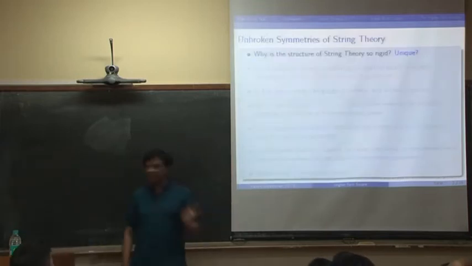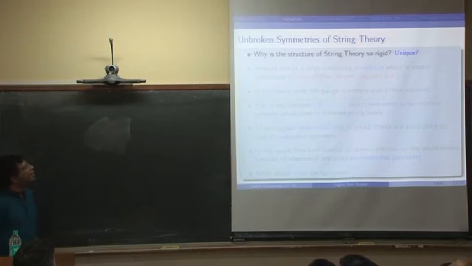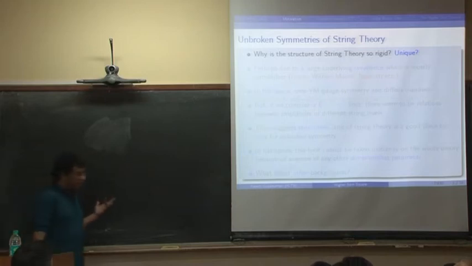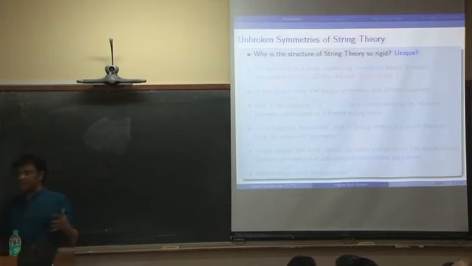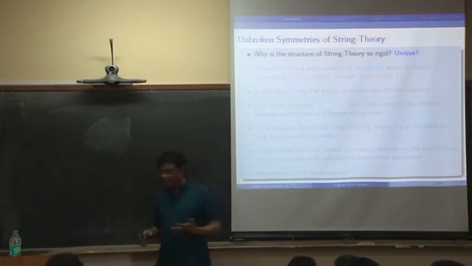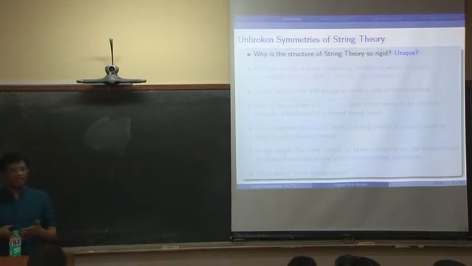Okay, so that was a little bit elaborate plan. Let me say a few words of motivation. I think anyone who has worked on string theory finds its structure very fascinating, because in some sense it's very rigid.